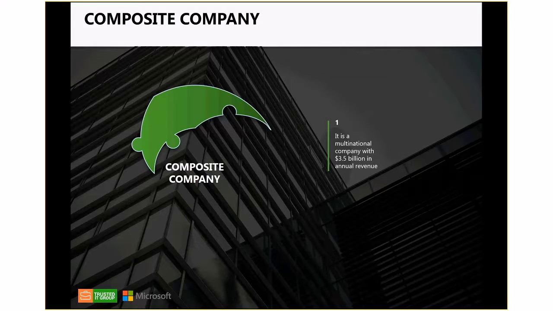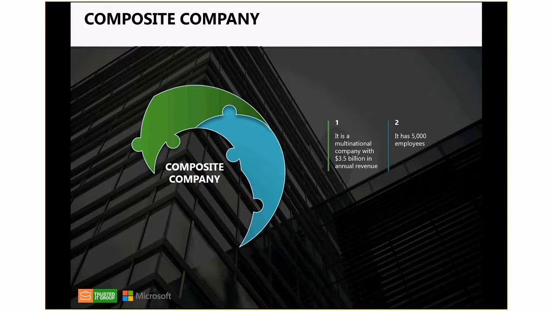So there are 4 components that make up this composite company, and this is where the numbers come from. Number 1, we're going to assume that our composite company is a multinational company with 3.5 billion in revenue. Number 2, we're going to assume it has 5,000 employees.